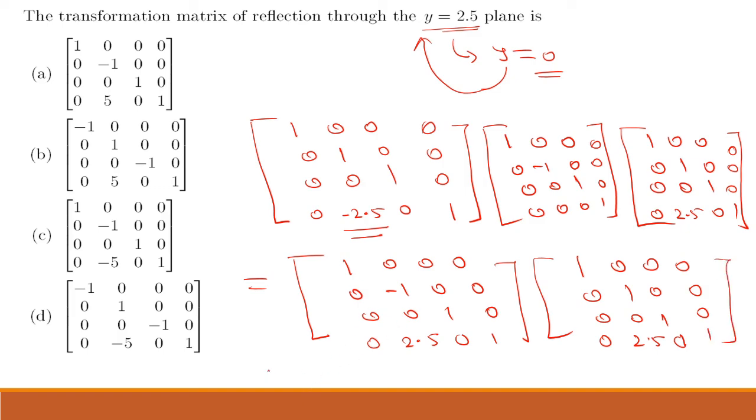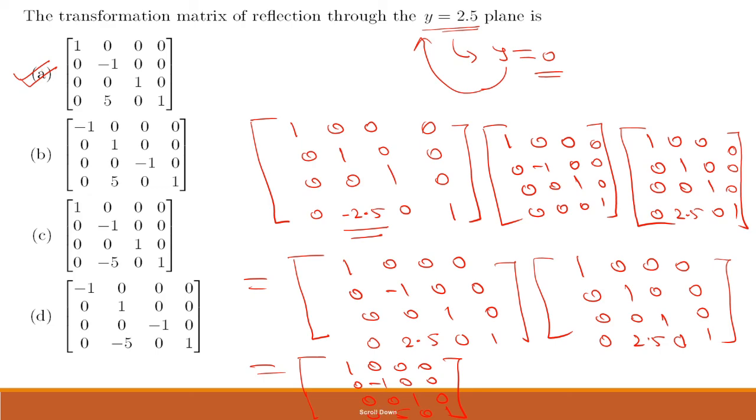So that will be equal to 1 0 0 0, next 0 minus 1 0 0. I hope you can see this. Again the next one will be 0 0 1 0, and at last 0, then plus 5, 0, 5, then 0, at last 1, so 0 5 0 1. So which one will be the correct? Out of A and B, that is nothing but option A. So in this way option A will be the correct option.